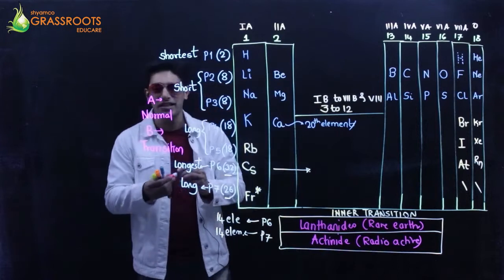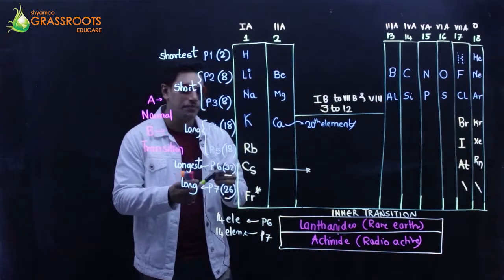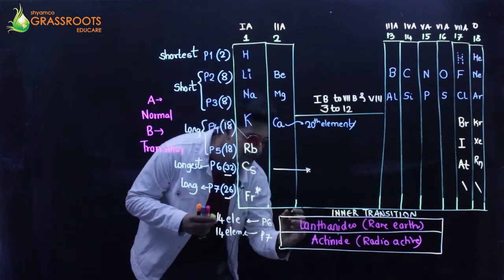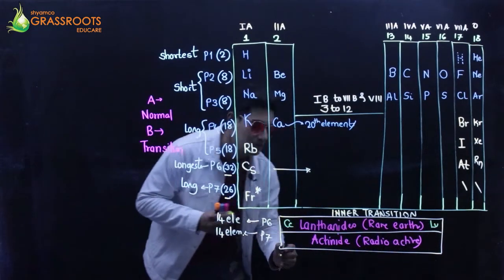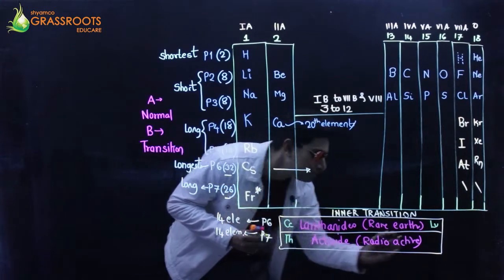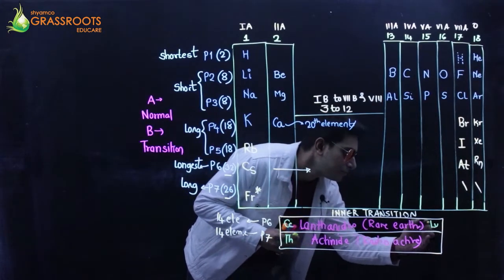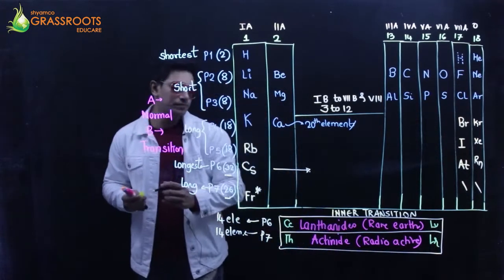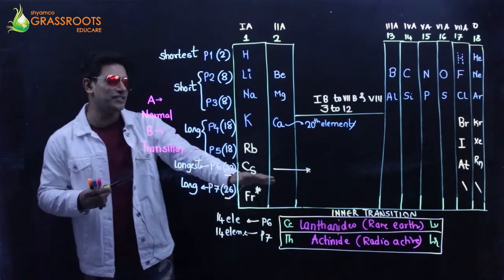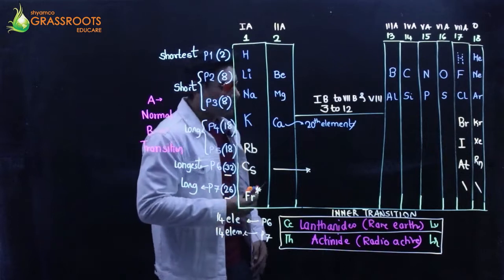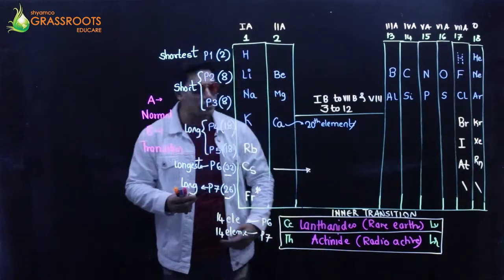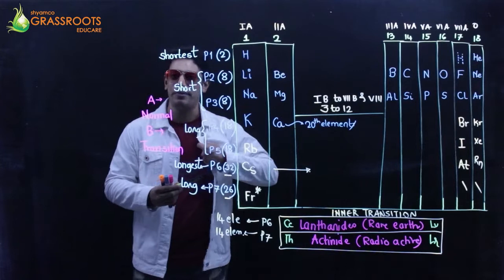Starting from cerium to lutetium, and thorium to lawrencium. This is the start and the end. No one's going to ask you, but just remember it. So this was about the inner transition elements, which are also called the radioactive elements.